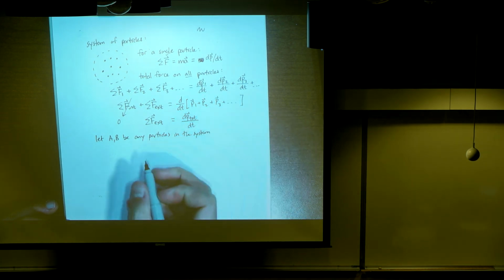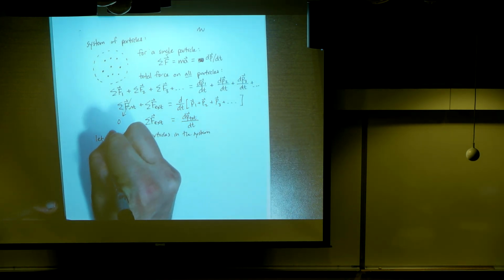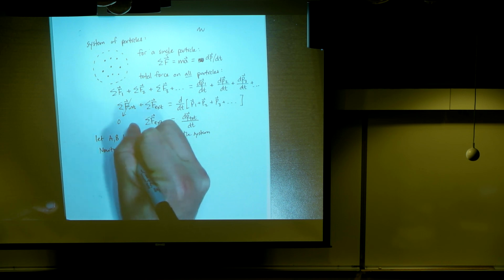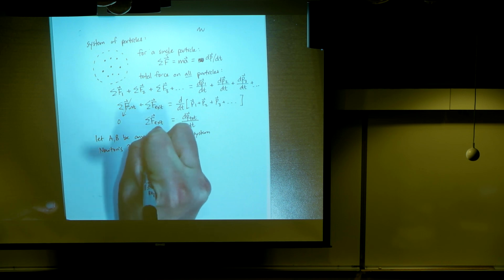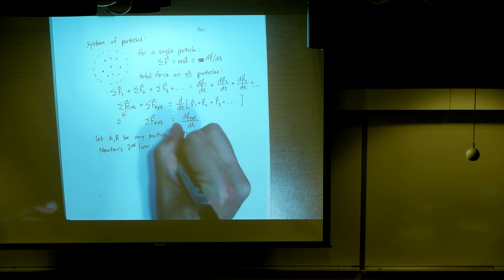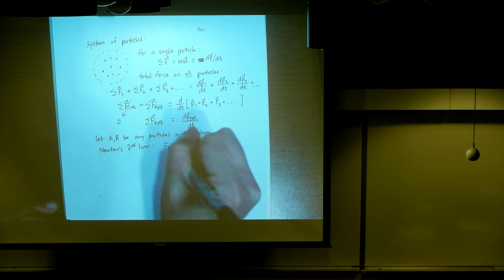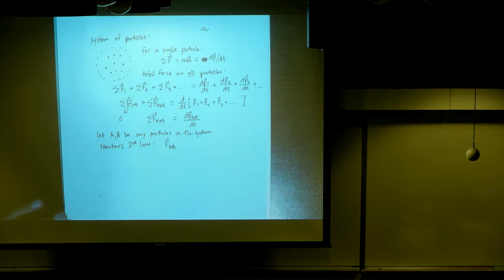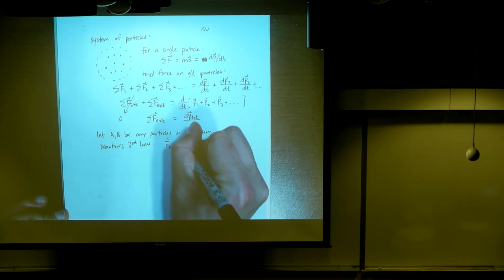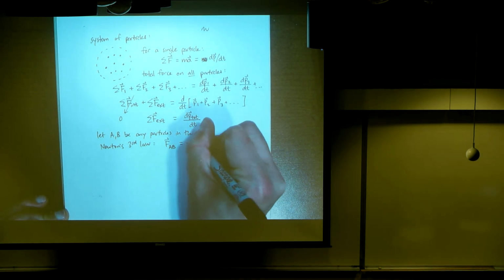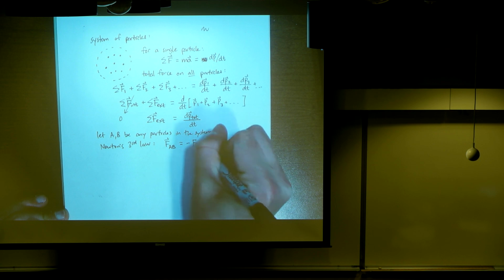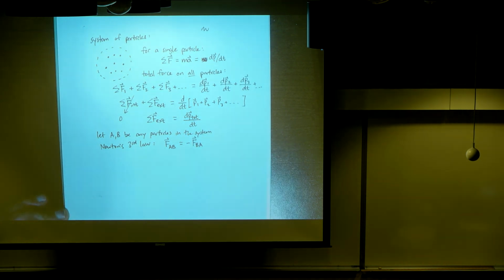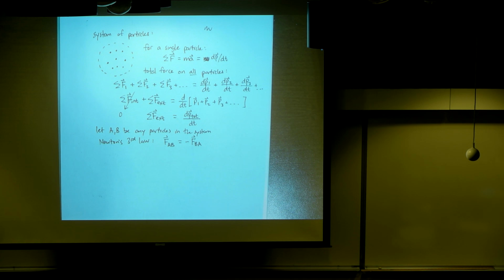Okay? What the third law says is that, let's say, particle A is exerting a force on particle B. That force we call FAB. If that is happening, we know there's an equal yet opposite force, FBA, minus FBA, is how we write that, okay?